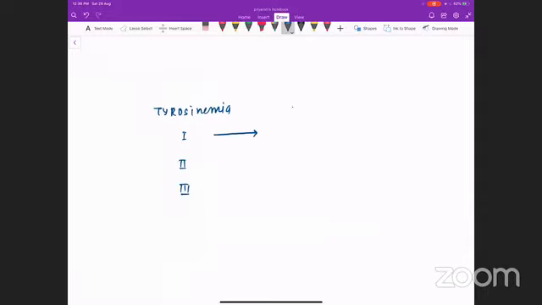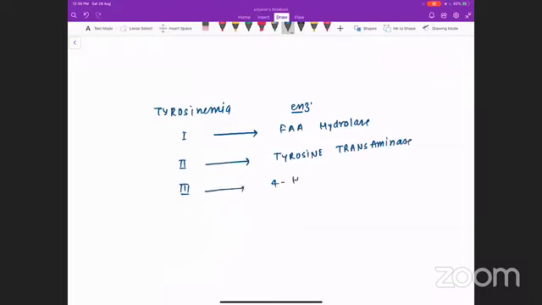Tyrosinemia type 1 is due to deficiency of the enzyme FA hydrolase. Type 2 is deficiency of tyrosine transaminase. And type 3 is due to 4-HPP dioxygenase.